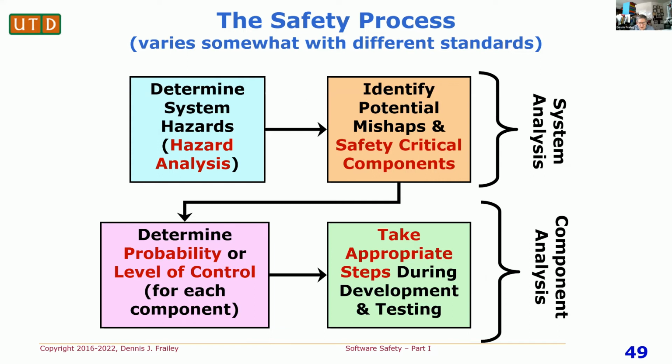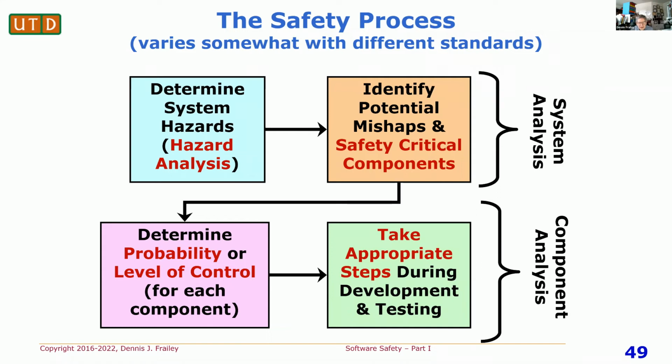Now, just as a general picture here, this is the model we're going to use for most of the rest of the lecture, both today and on Thursday. Today, we are going to focus on the top two activities, the system analysis activities. On Thursday, we will hear from each student doing their own report.